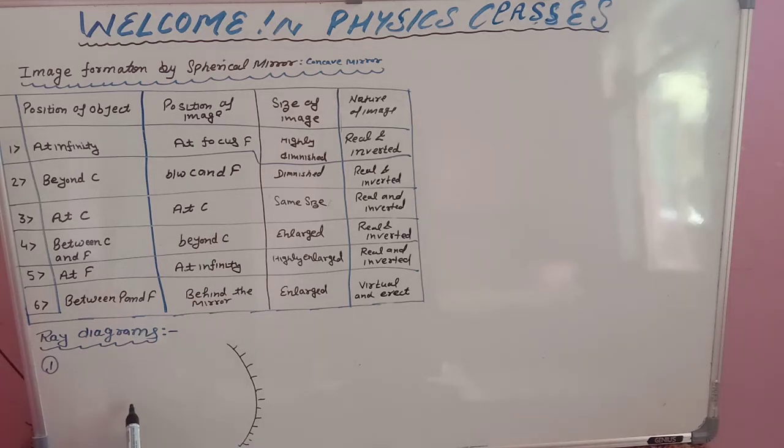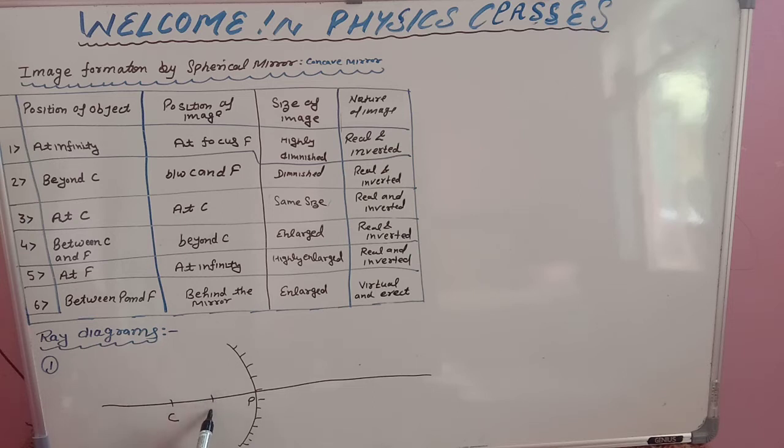Then you have to draw the principal axis, means the line at the center of the mirror. This is the pole. The center of the mirror is called the pole. Where will its center of curvature be? Obviously, when you complete the sphere, the center of curvature will come somewhere here. Second, we have to draw its focus.